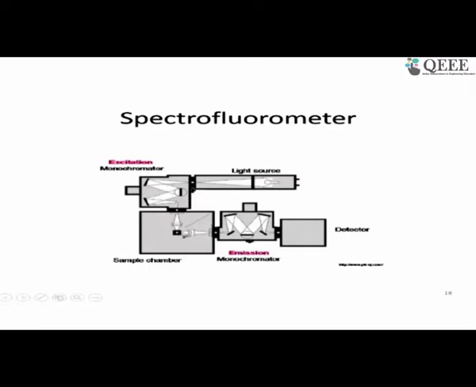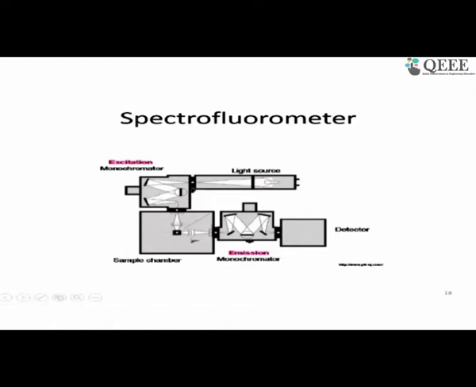At 90 degree you are collecting the emitted light. So one question is, why 90 degree? Why can't you put the detector in the direction of the light coming out from here? It is possible. So when the sample absorbs this light, it goes to the S1 state or S2 state, it comes back to the S1 and emits, and the emission is 360 degree.